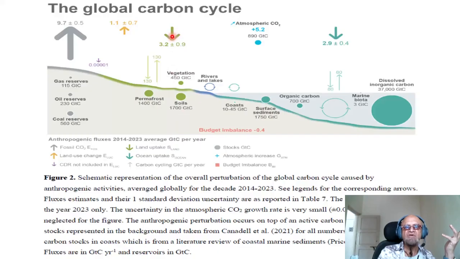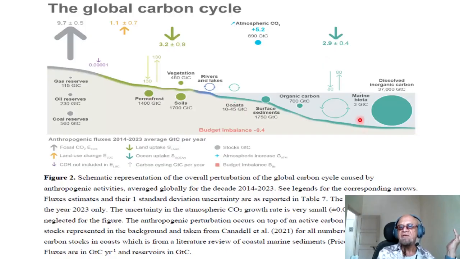So there is a downward flux, a sink of 3.2 gigaton carbon per year over here, and you have rivers and lakes doing their thing. Coasts have 10 to 45 gigaton carbon, so large uncertainties, or range at least. Surface sediments 1750, organic carbon 700 gigaton, and the ocean also takes up and emits large numbers, but a net sink of 2.9 gigaton carbon per year, as we said.